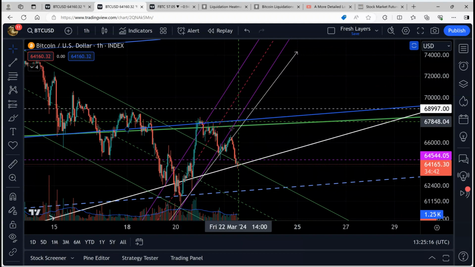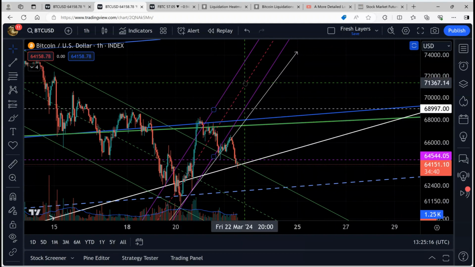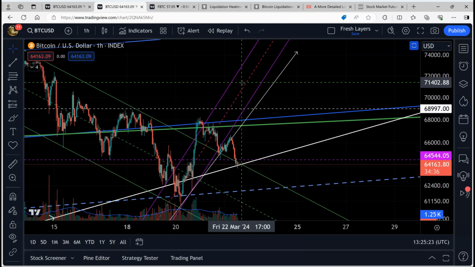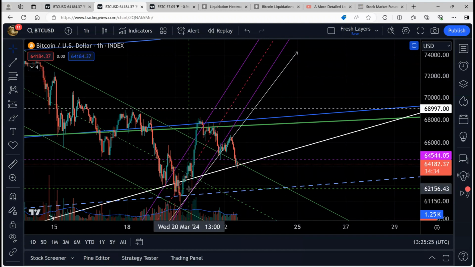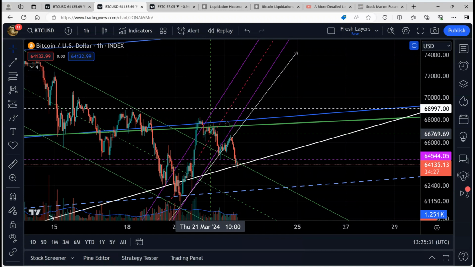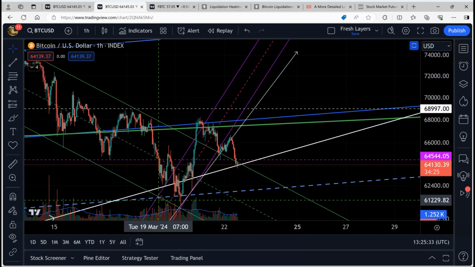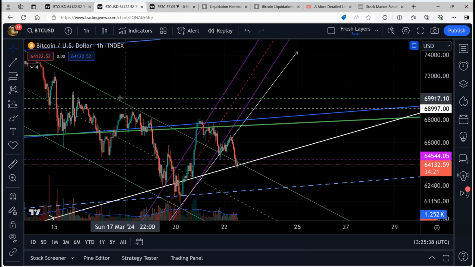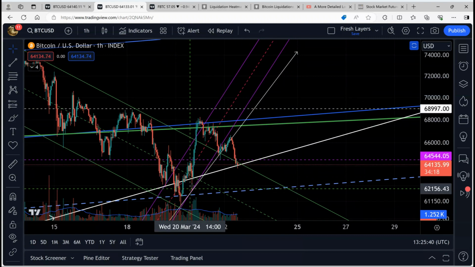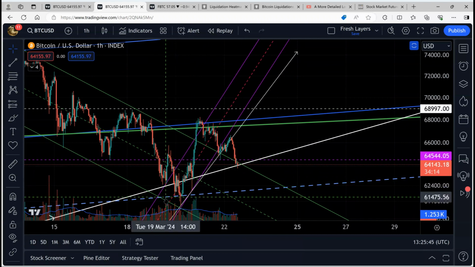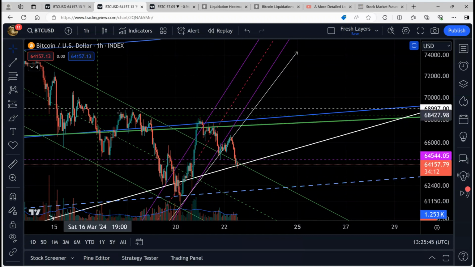Now, first of all, let me get rid of some of these lines. We have this fuchsia colored, purple colored channel, which I placed here at this bottom, this low. And it's a standard steeply sloping channel that I've used many, many times that seems to dictate price action coming off of bottoms.